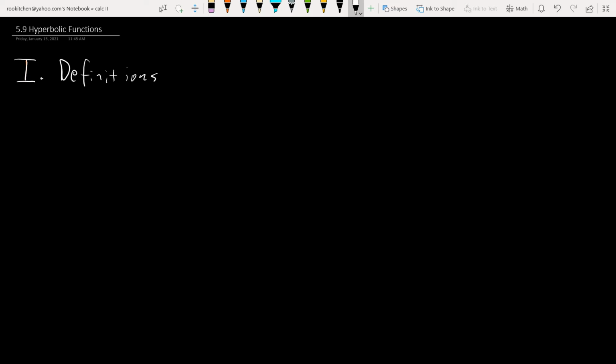They're actually exponential functions, so we could think of them as sums, differences, and quotients of exponentials. So sinh is defined as e to the x minus e to the negative x all over 2. Cosh, hyperbolic cosine, is e to the x plus e to the negative x over 2.